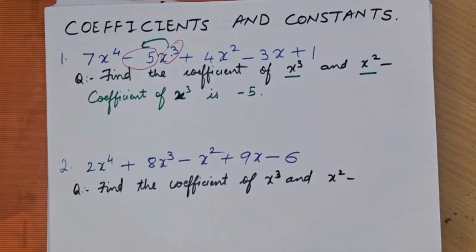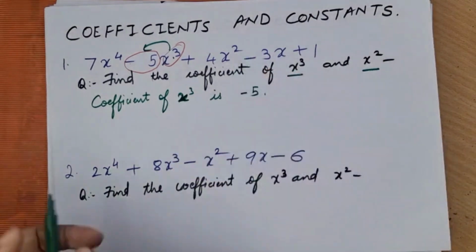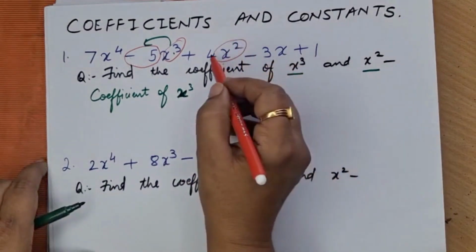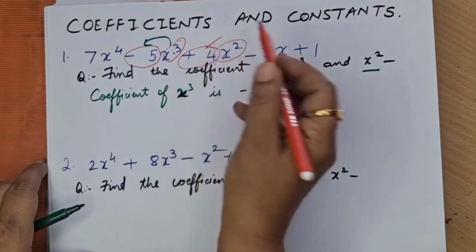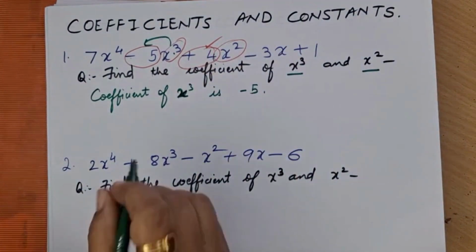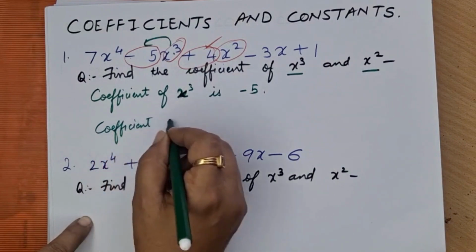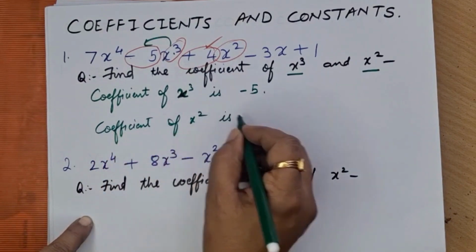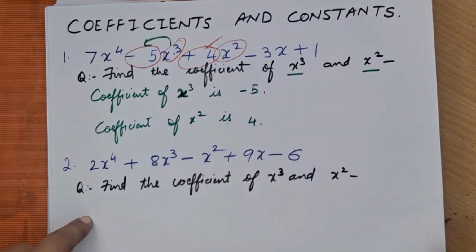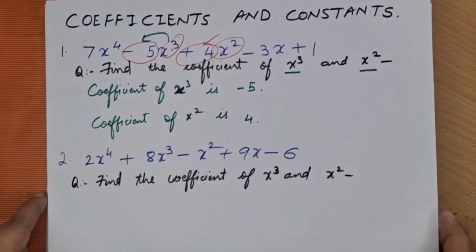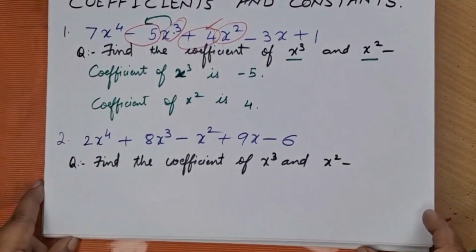Okay, now let us go to coefficient of x square. Can you see which number is sitting in front of x square? That's 4. So let us write the answer. Coefficient of x square is 4.